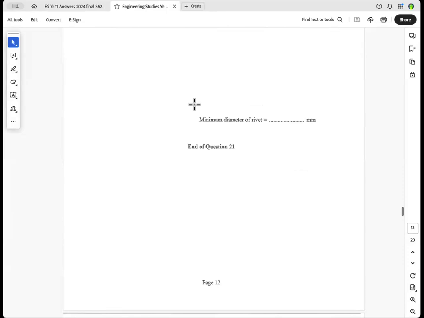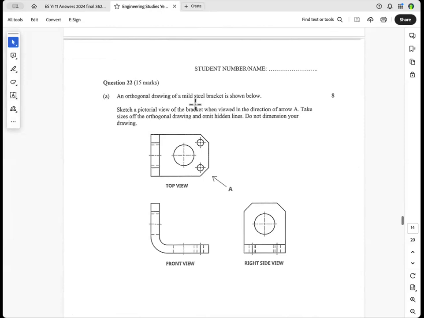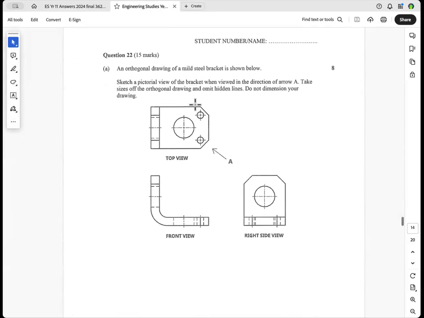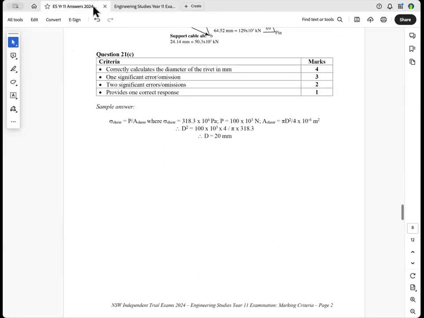Okay, the next question is the orthogonal drawing given to you, and you had to do a pictorial drawing. It doesn't matter what sort of drawing you do, make sure it's got 3D in it, but I have only taught isometric, and I think it's a good idea to do isometric. I'll be showing you this again when I meet you towards the end of next term, and make sure that you draw it from this direction, because if you don't, you'll lose marks.